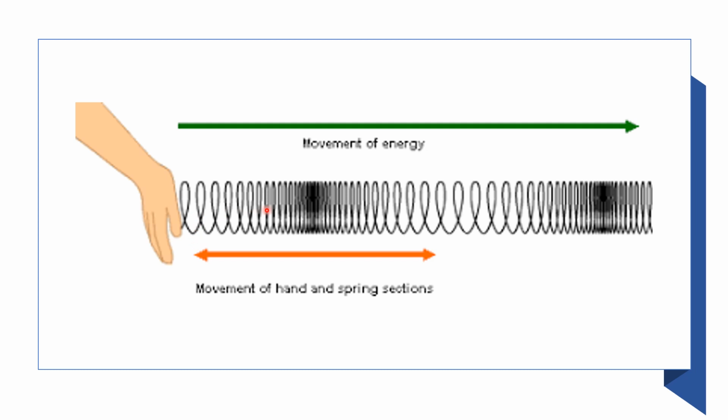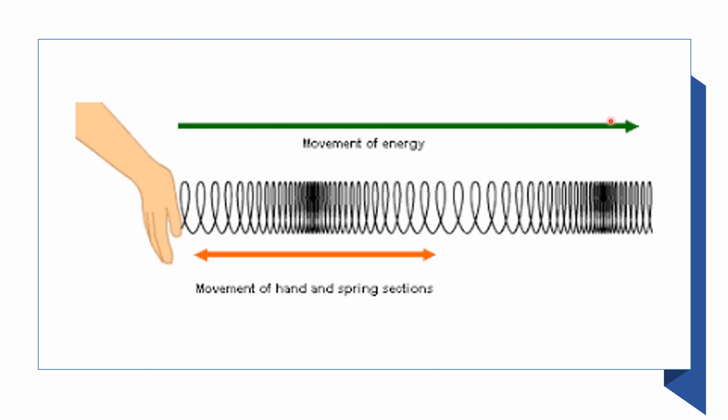So this is our spring attached to one end of a wall, and then here's the source of the vibration. So yung hand natin, ipupush yung slinky back and forth, back and forth. So ang mangyayari, pag pinush natin siya back and forth, ang movement ng energy ay away from the source.